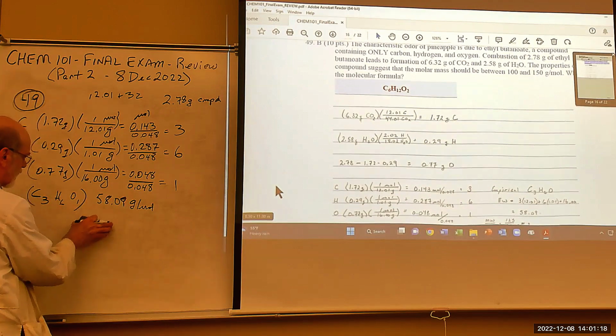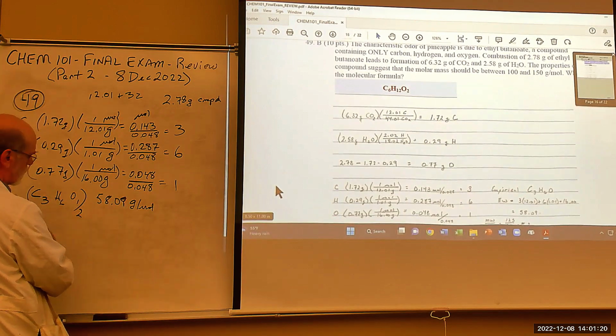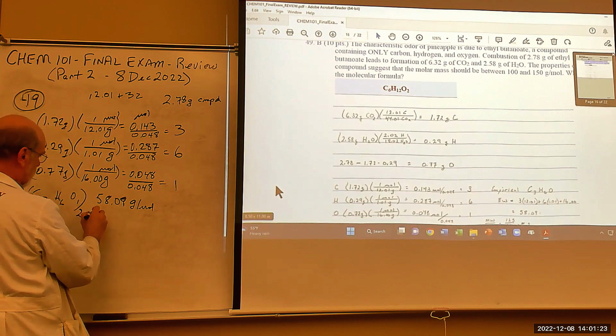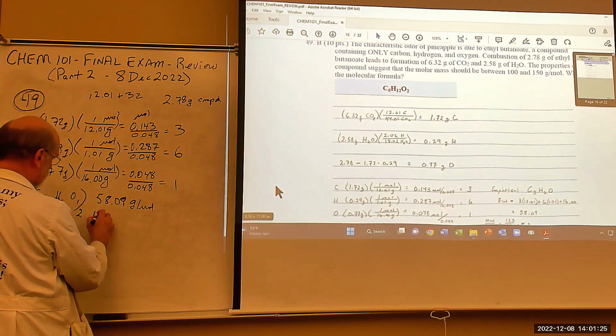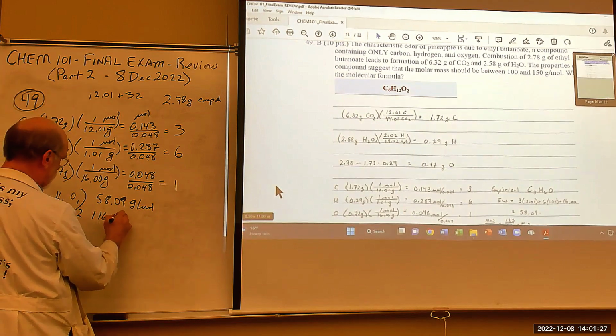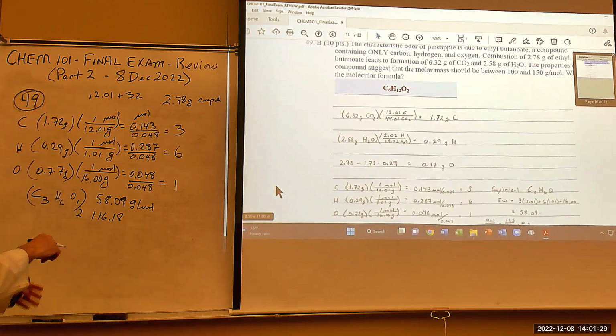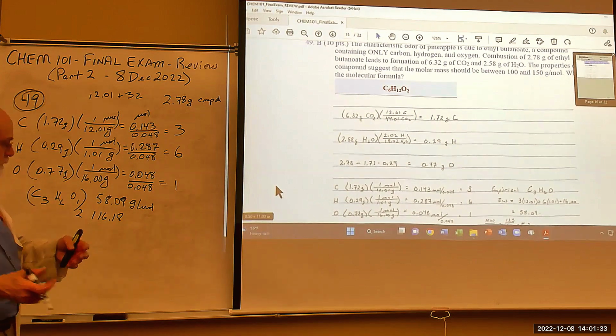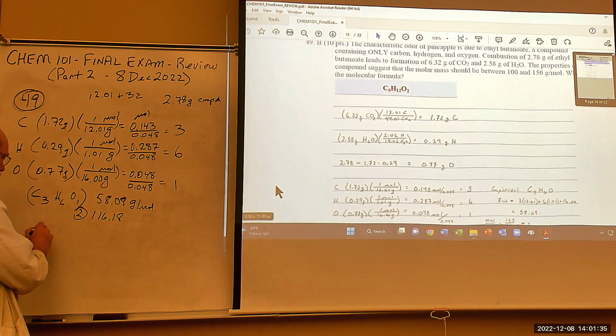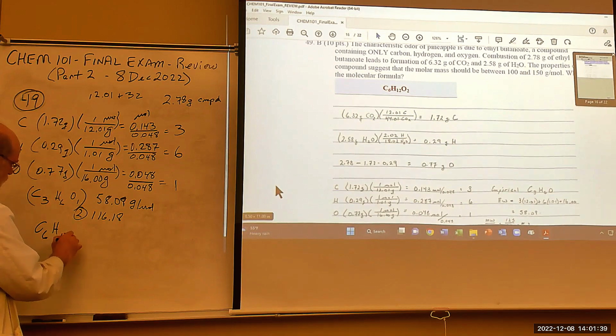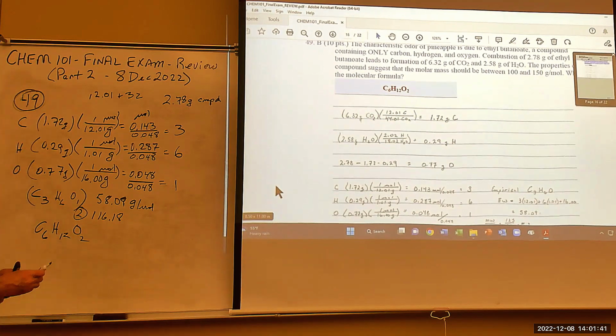If we multiply it by 2, then we get 116.18. Right? That's between 100 and 150. If we multiply it by 3, then we've exceeded 150. So this is our multiplier, and our formula is C6H12O2.